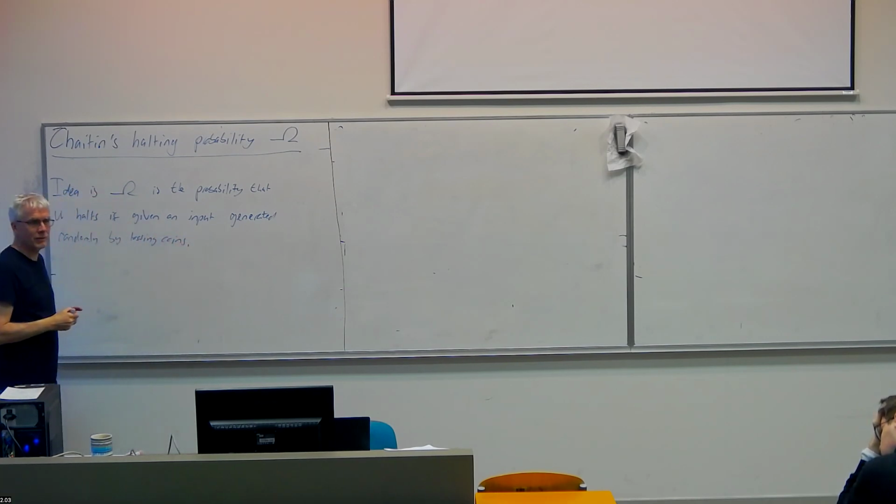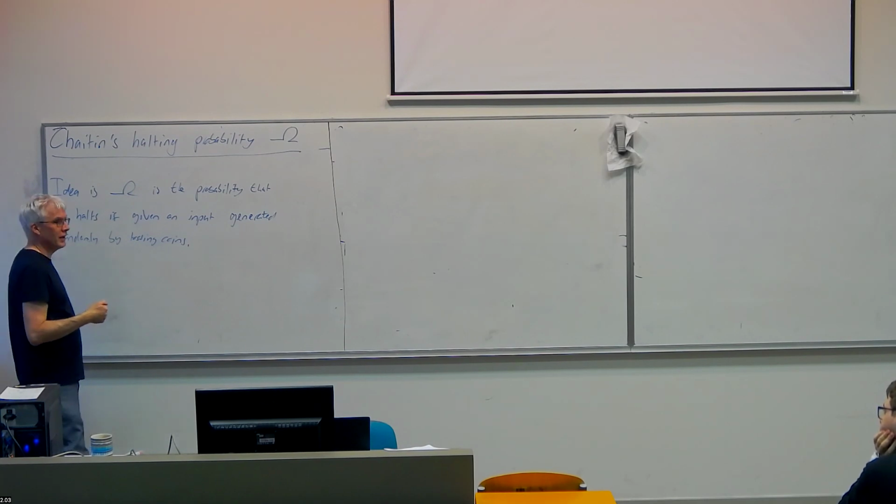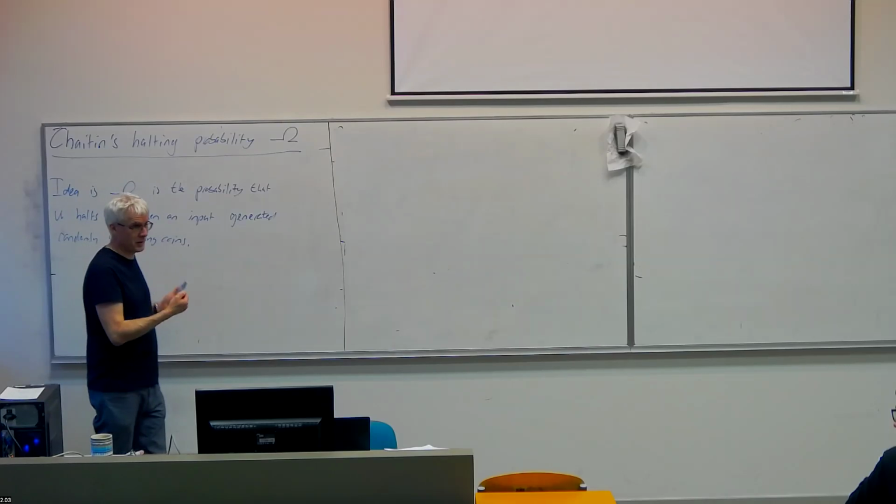So how do we do that? We toss a coin to get the first bit, we toss a coin to get the second bit, we toss a coin to get the third bit, and we keep on tossing a coin until, if ever, the finite sequence that we've generated is one of these words that says it's self-delimiting, that's the point of the prefix-free thing.